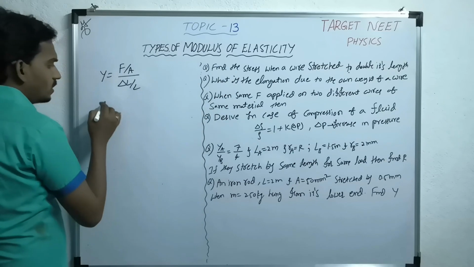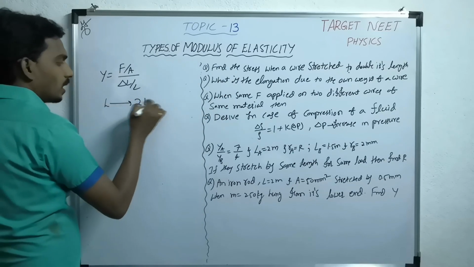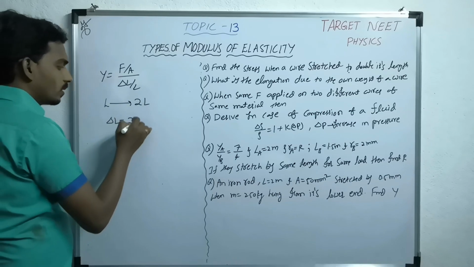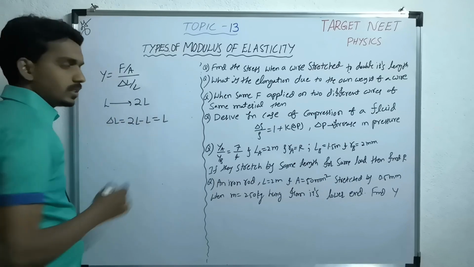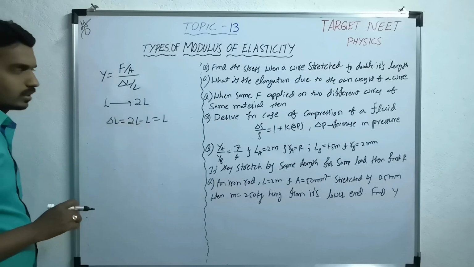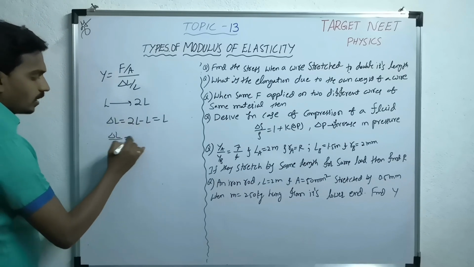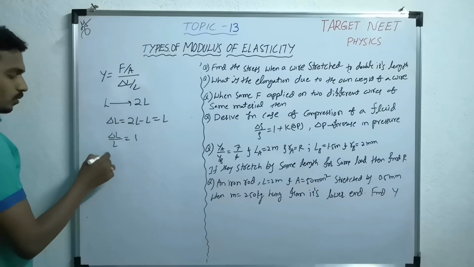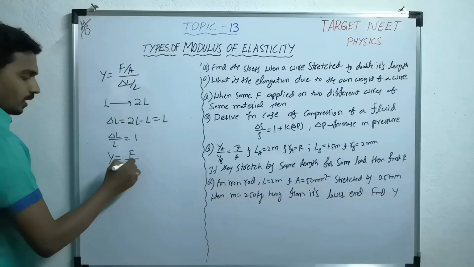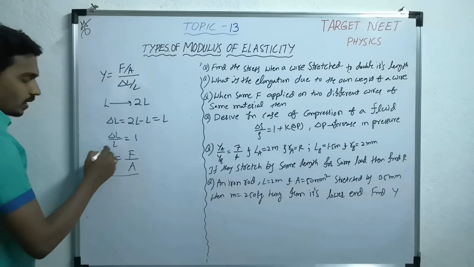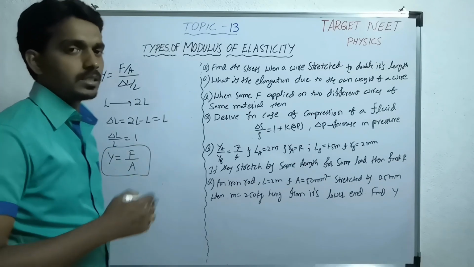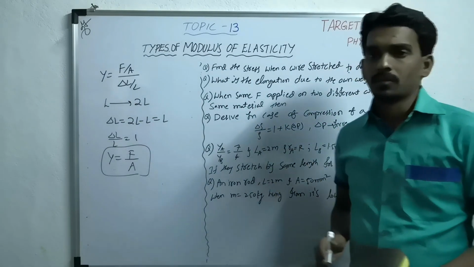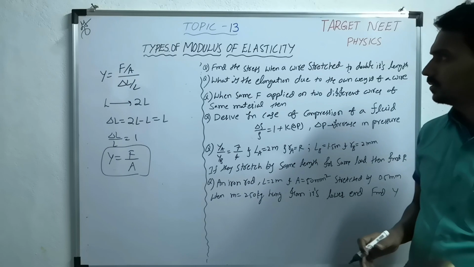Then it is stretched such that length became double. So L became 2L means delta L will become 2L minus L, that is L. So this is the change in length. Now what is delta L by L? 1, because delta L is L. So Y will become F by A, that is Young's modulus is equal to the stress applied.